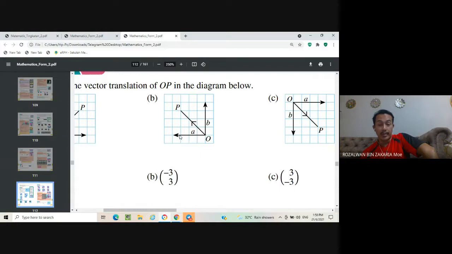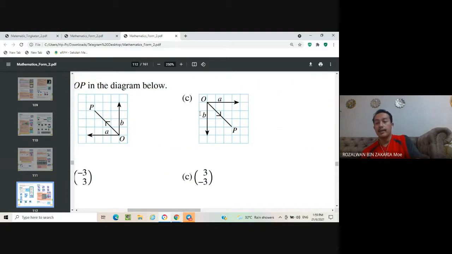If it moves 3 units to the left, left means negative. So minus 3. So put the bracket, minus 3. Then after that, it moves 3 units upward. 1, 2, 3. If it moves upward, which is parallel to the y-axis, that means it is a positive 3. So minus 3, then 3. Okay, close bracket. This is the answer for B.